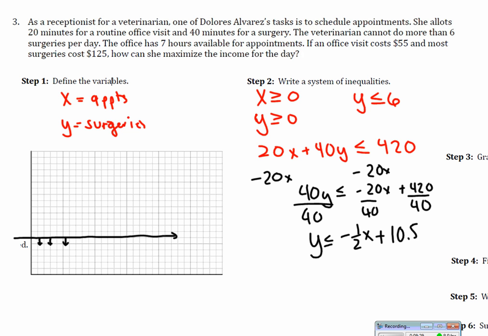All right, so let's graph this. 10.5, 6, 7, 8, 9, 10, 10.5. We're going down 1 over 2. So I'm being very, very picky about my graph because I want to be able to read it pretty well.